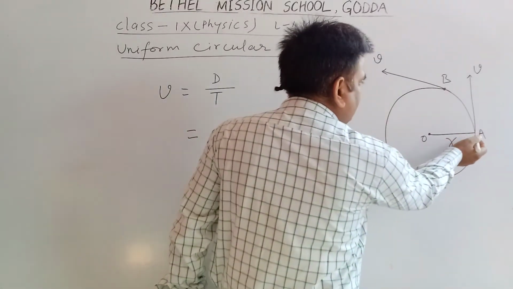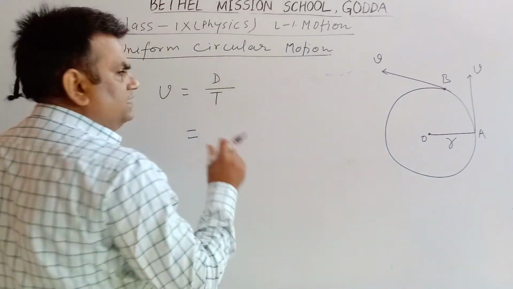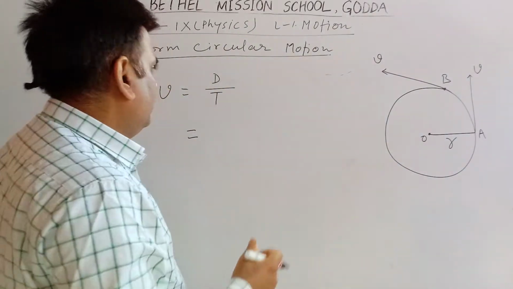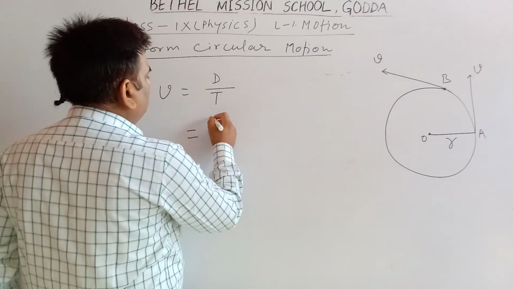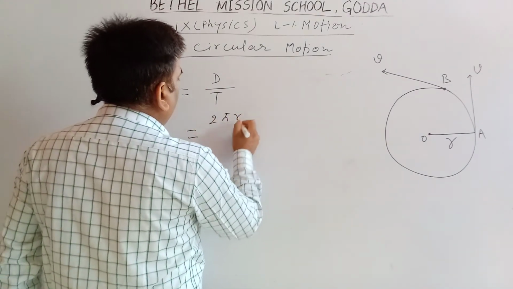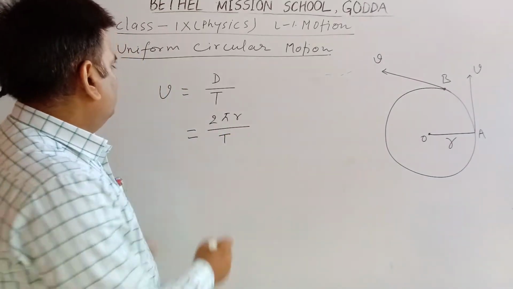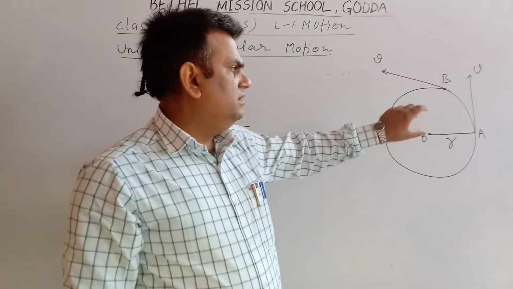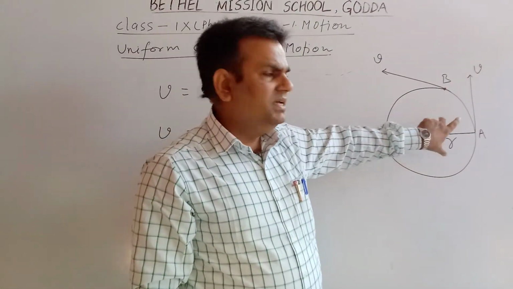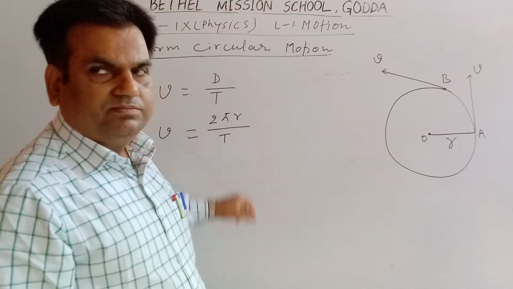The distance from A to A is the circumference, and the formula of the circumference of the circle is 2 pi r. So the velocity of the object when it moves on a circular path is 2 pi r by t.